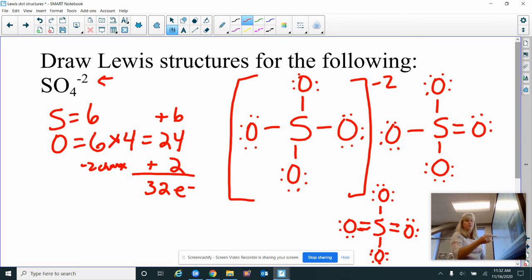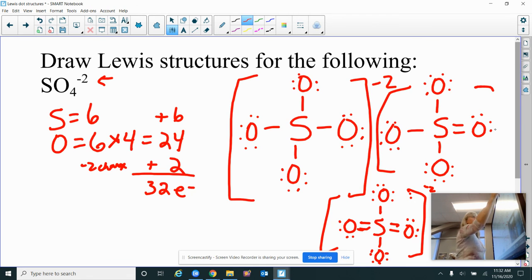Okay, but that's the most. You couldn't do more than 2 double bonds because then sulfur would have too many. So sulfur cannot have more than 12. So it could have 8, it could have 10, or it could have 12. And those are all fine structures. And again, since it's an ion, you should put brackets around it with the charge outside.